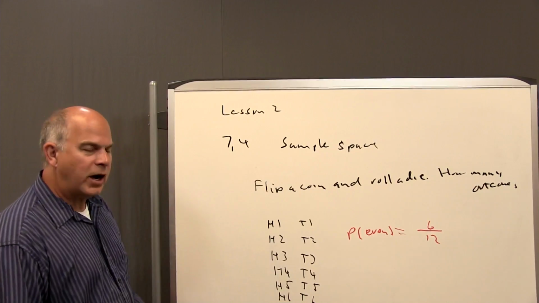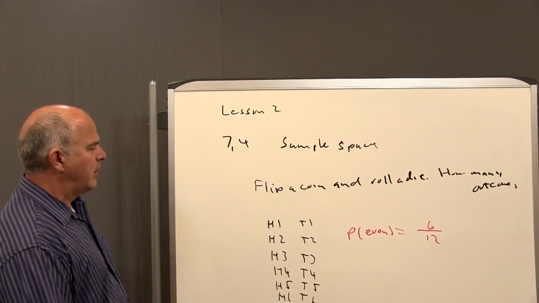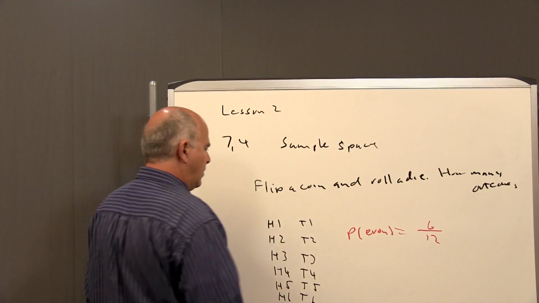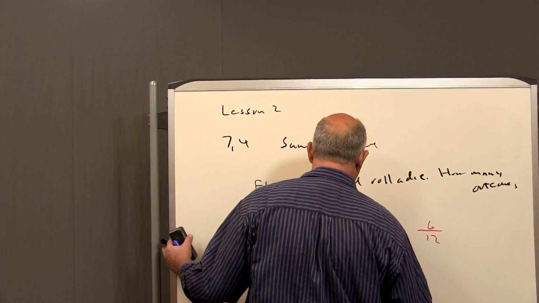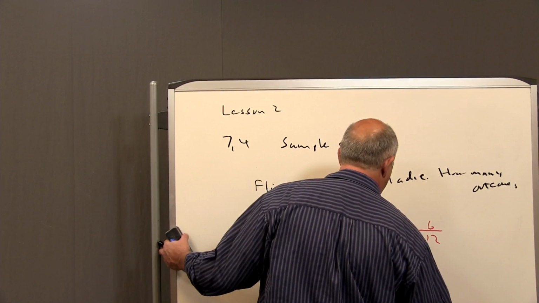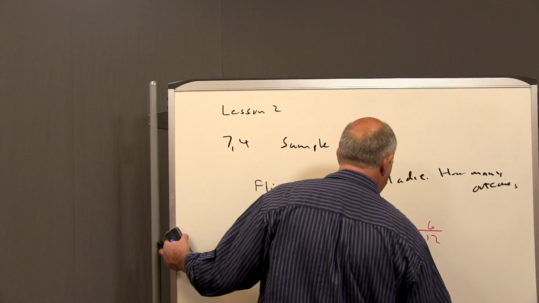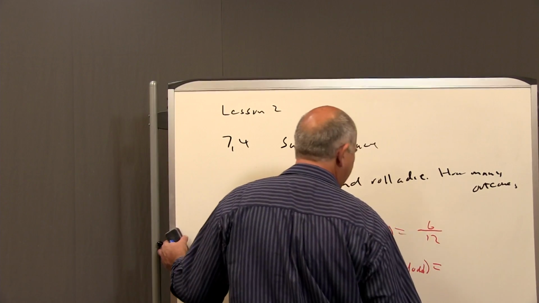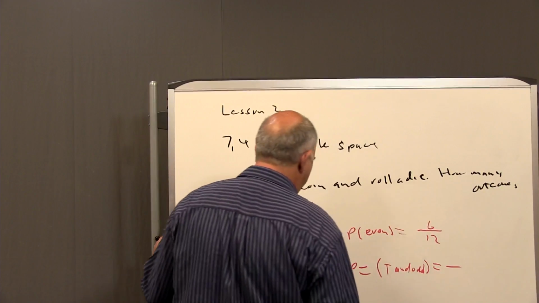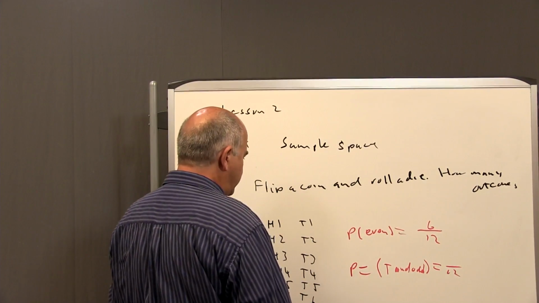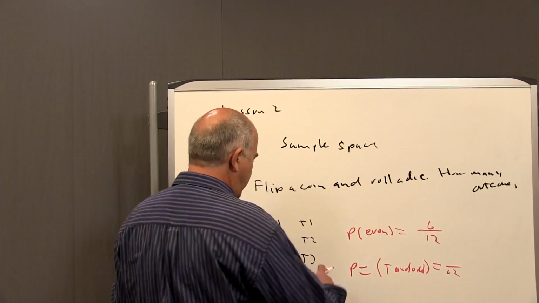Does it make sense to talk about even heads or tails, right? So the even has to be referring to the number. Or what's the probability that something's a T and odd, let's say, right? T and odd. The denominator is 12 again, right? And of those 12, how many are T and odd? 3 of them.